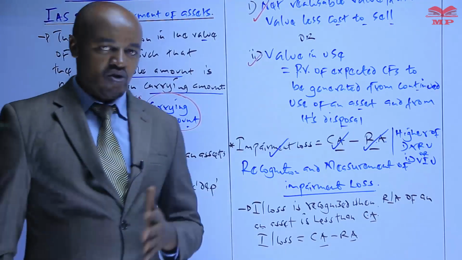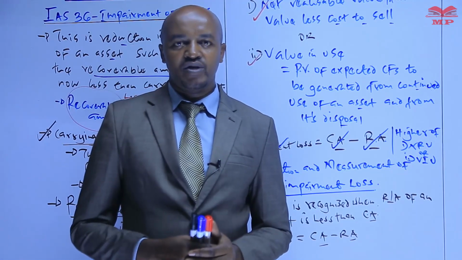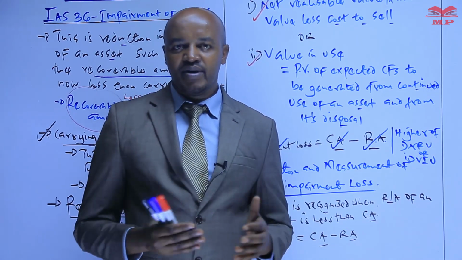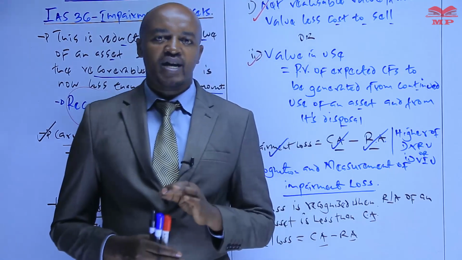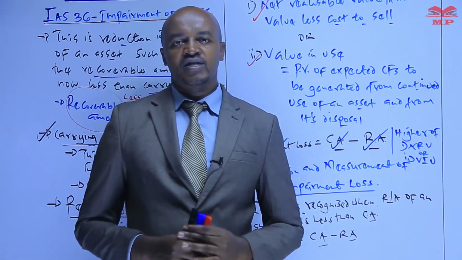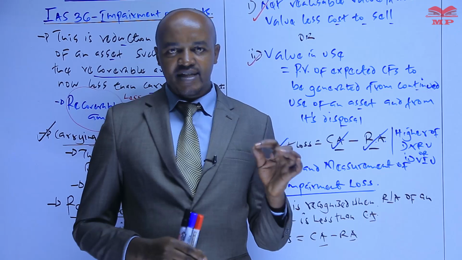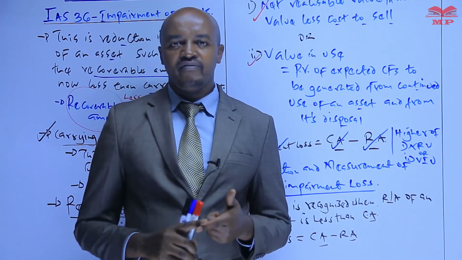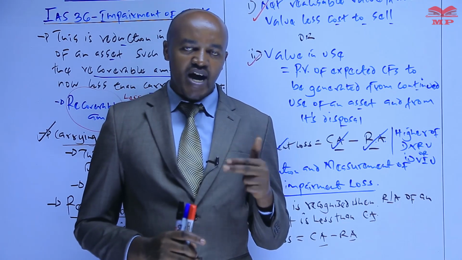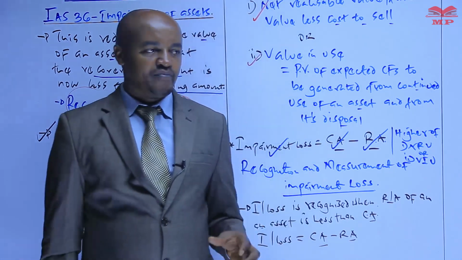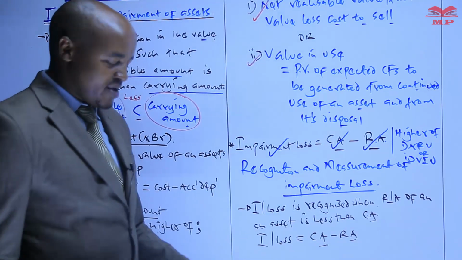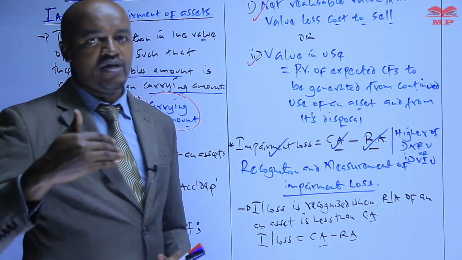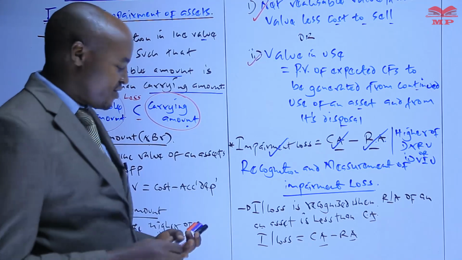So if you can recall what you covered in the lower level, you are told that whenever the company has acquired a number of items of property, plant, and equipment, those items should be accounted for in accordance with International Accounting Standard number 16. And that standard IAS 16 permits the company to use two models, the cost model and the revaluation model, when accounting for those particular items of PPE. So therefore, in terms of how we account for this impairment loss, it depends on whether the asset is accounted for in the books of account using the cost model, or using now the revaluation model.